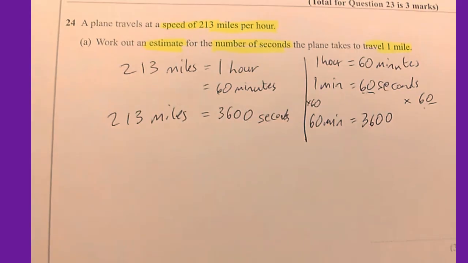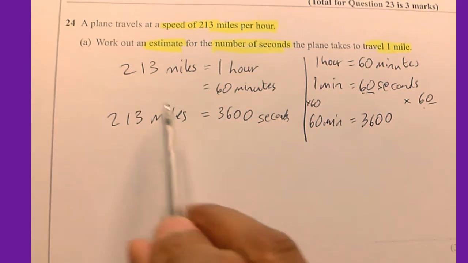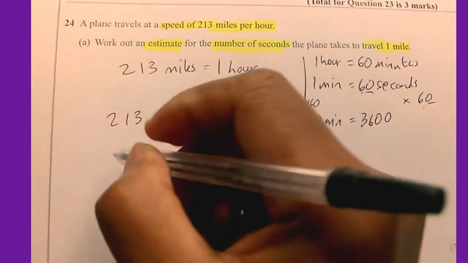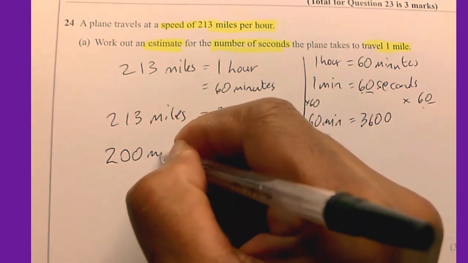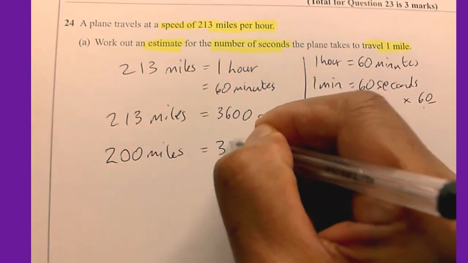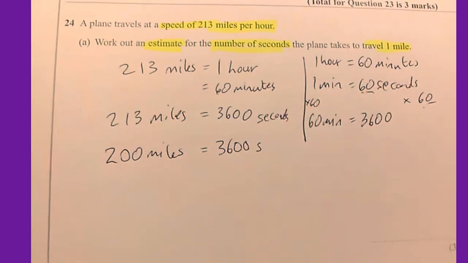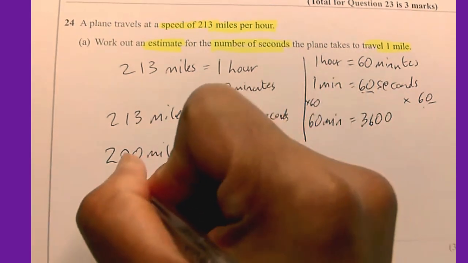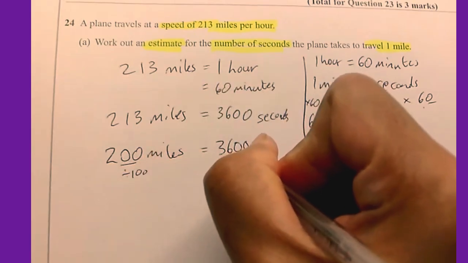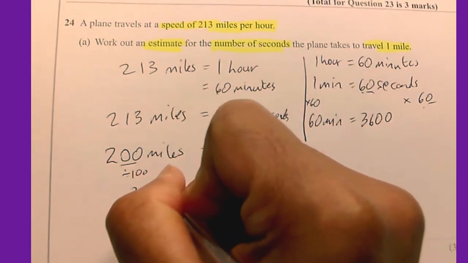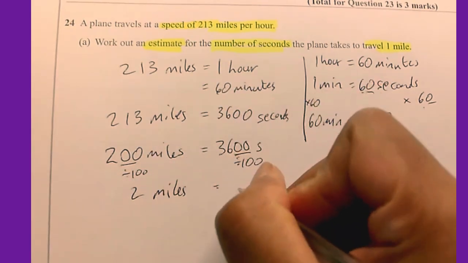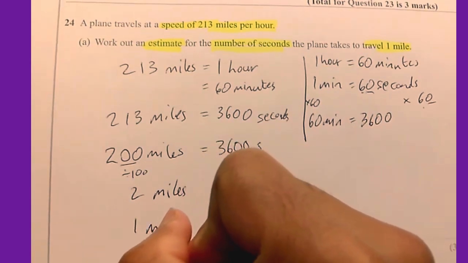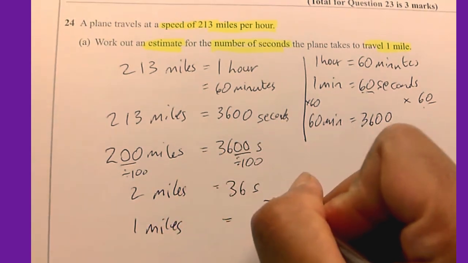So the next thing, if I think about it, is I'm estimating, so I can round this down. So this can become 200 miles. Now I can remove the zeros, so I can divide by 100. So this is 2 miles in 36 seconds, which means 1 mile is going to be half of that, so divide by 2.